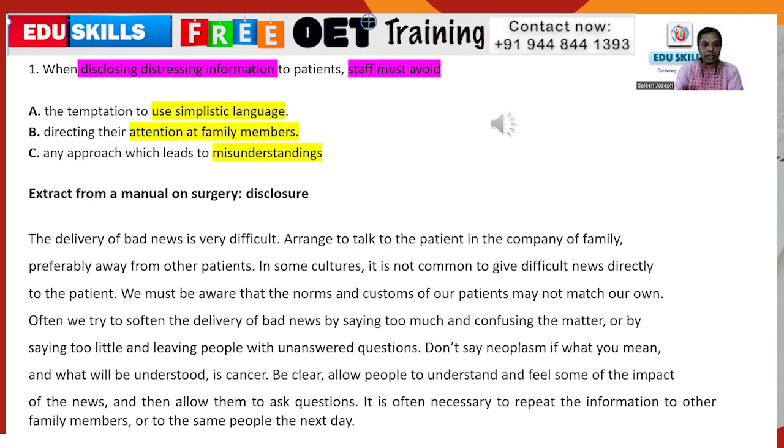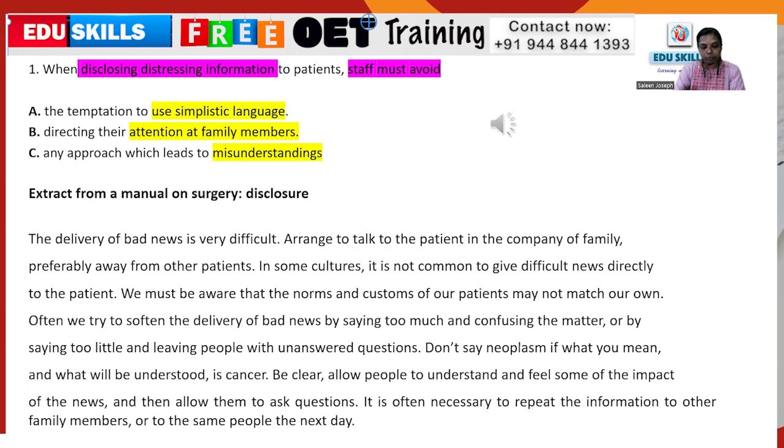Okay. So when you read the text, extract from a manual on surgery, disclosure. The delivery of bad news is very difficult. Arrange to talk to the patient in the company of family, preferably away from other patients. In some cultures, it's not common to give difficult news directly to the patient. We must be aware that norms and customs of our patients may not match our own.